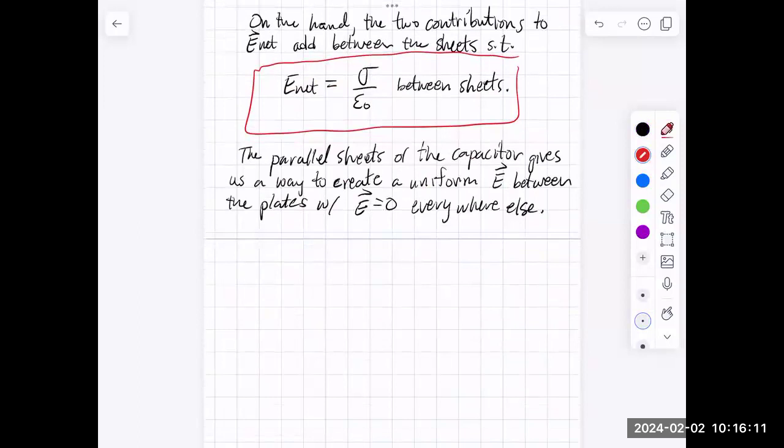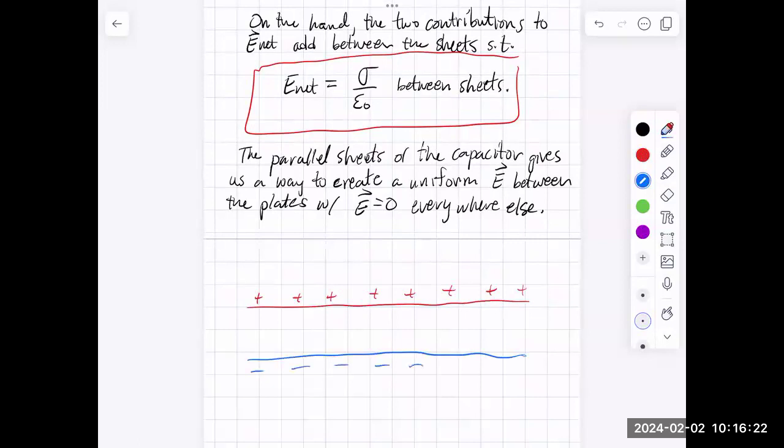Okay, and so let me just draw that. We'll draw this one more time. So we'll take our positive sheet, and below it, we'll put our negative sheet. And then the electric field is going to be 0 over here, 0 below the plates, and it'll be non-zero between the plates, and it'll have a magnitude of sigma over epsilon naught.